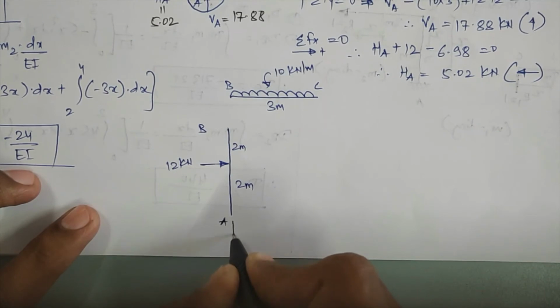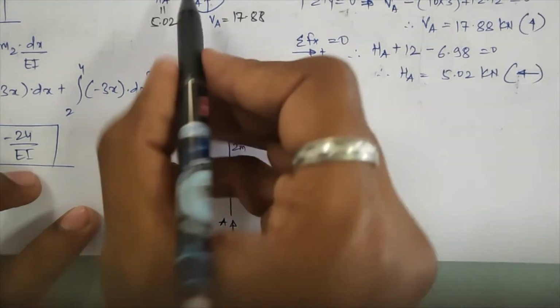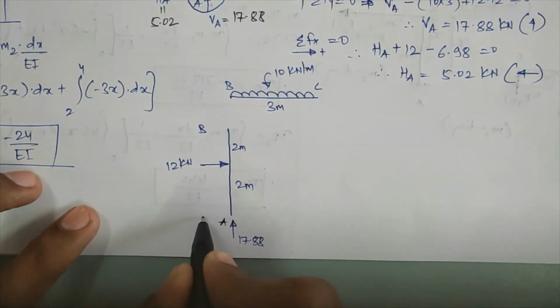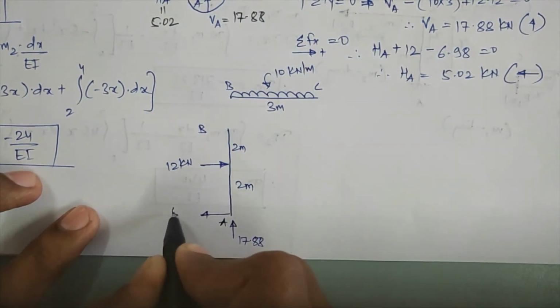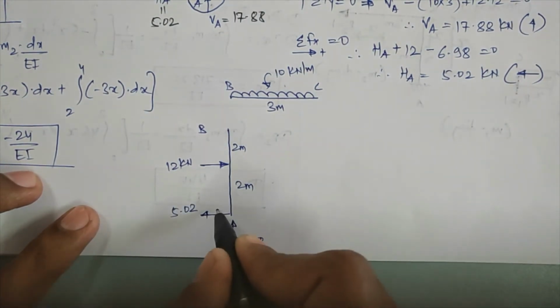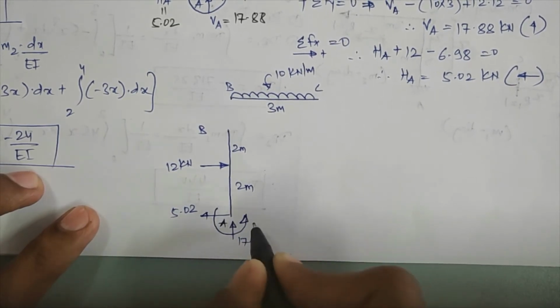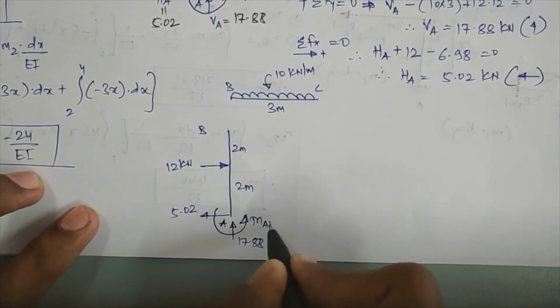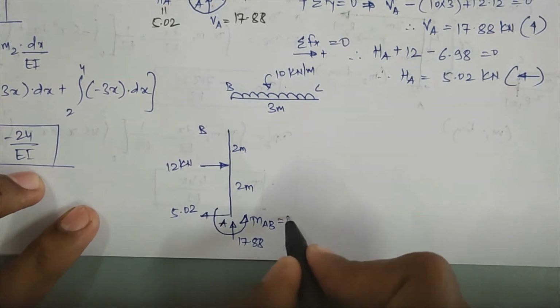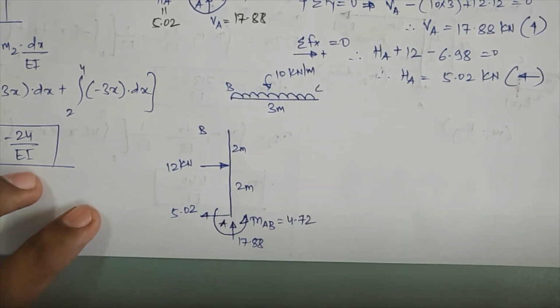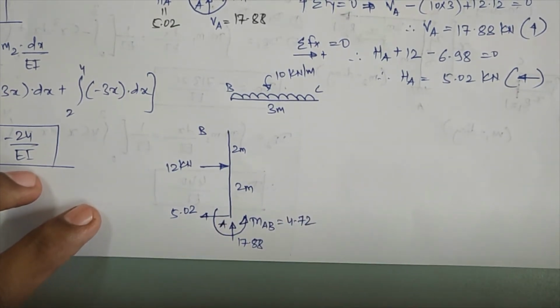So vertical reaction here is 17.88. Next horizontal reaction here I have got that as 5.02, and along with that here moment I have got, that is nothing but a moment of MAB is equal to 4.72 over there.